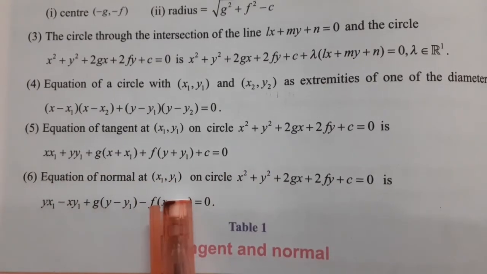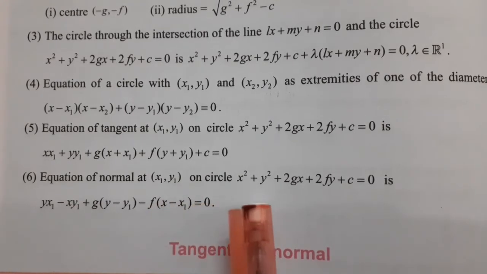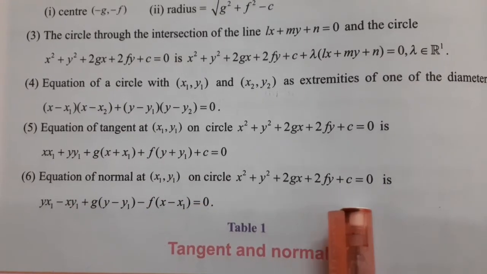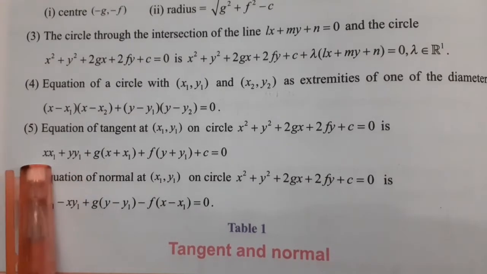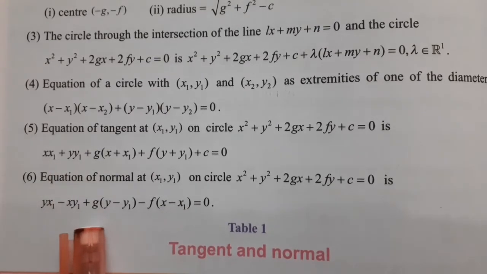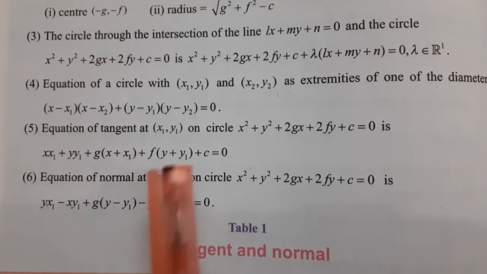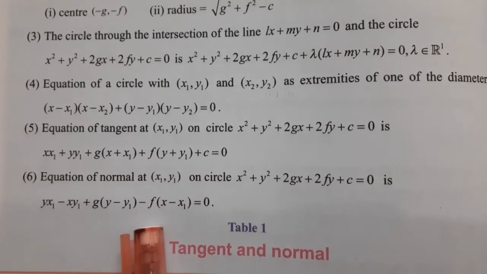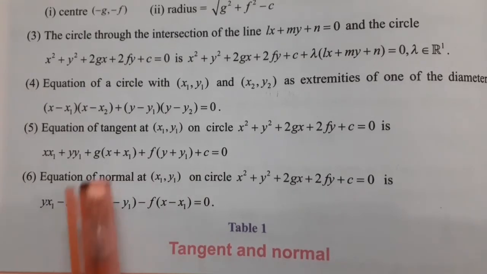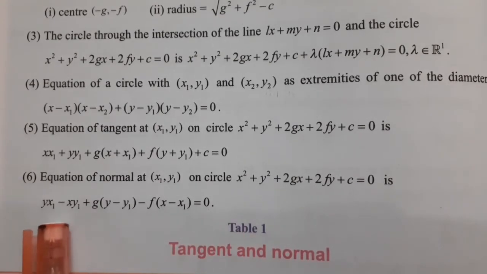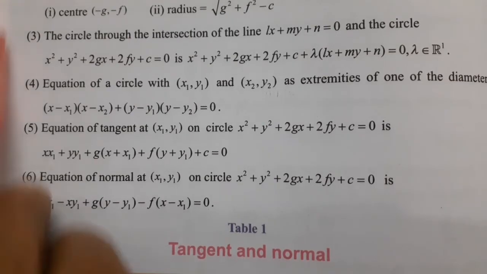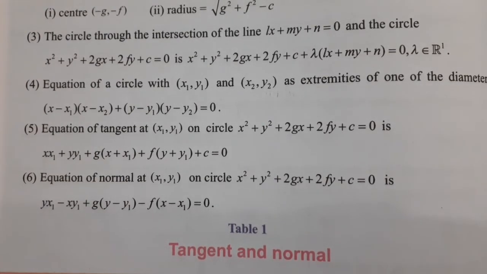The equation of the normal at the point (x1, y1) on the circle x square plus y square plus 2gx plus 2fy plus c equal to 0: just interchange the coefficients of x and y. yx1 minus xy1 plus g into (y minus y1) minus f into (x minus x1) equal to 0. See the alternate signs, minus plus minus.